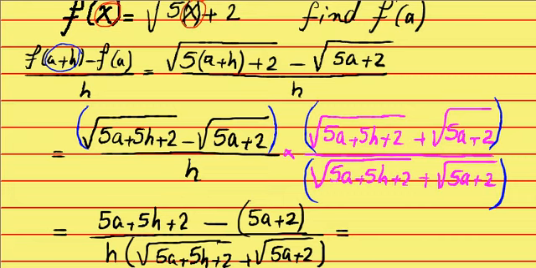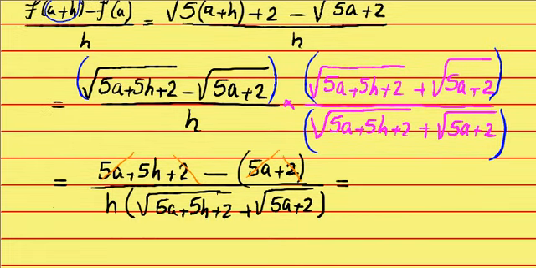Well, time for cancellation. 5a and 5a, 2 and 2. We are learning to be a little bit faster and not write so much. So all these things are gone. I have an h and 5h here, so learning to be fast, we go through that step here as well.